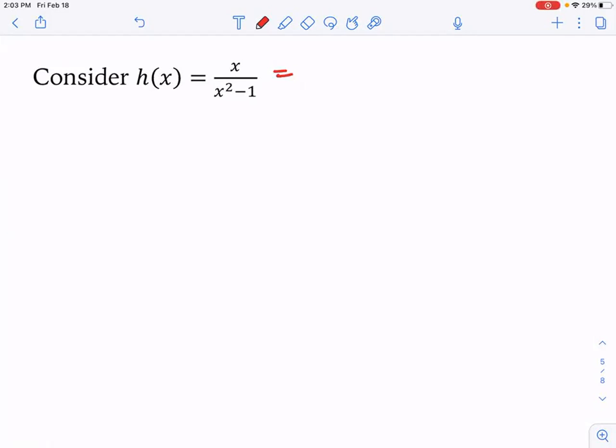Now, does this look like A over 1 minus x? I got an X. No, not PFD. Correct. I'm going to give you 1 minute to find me A and B.